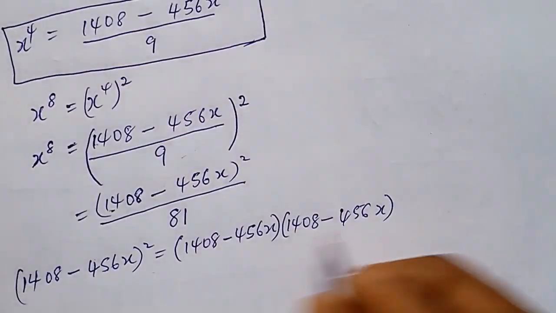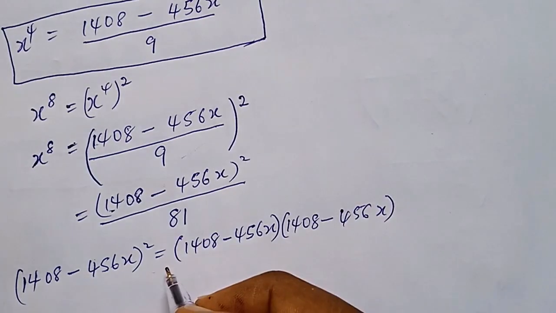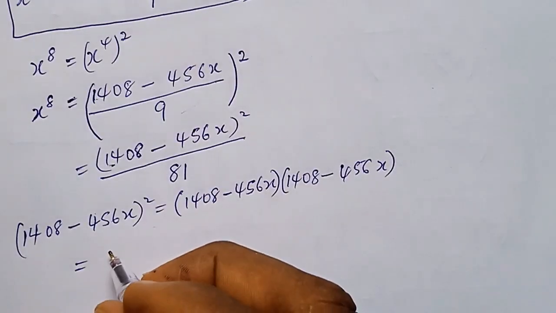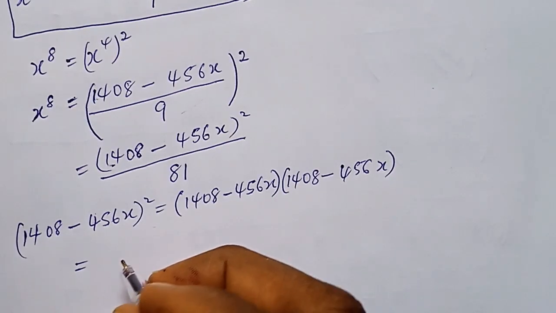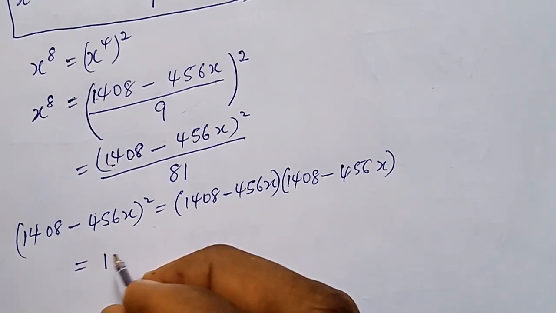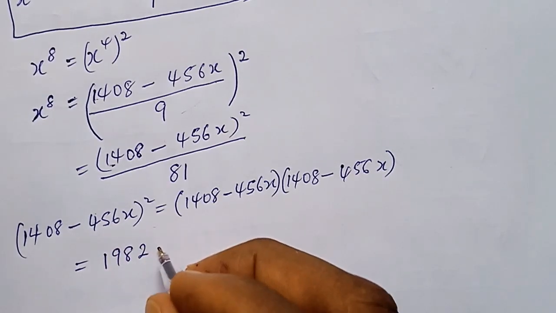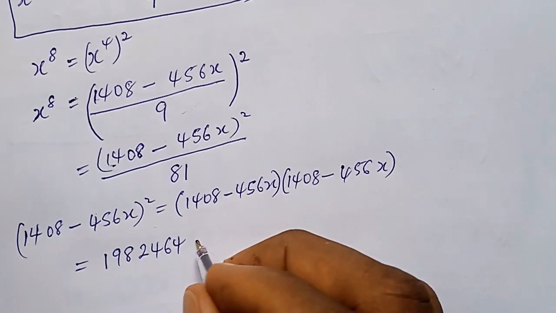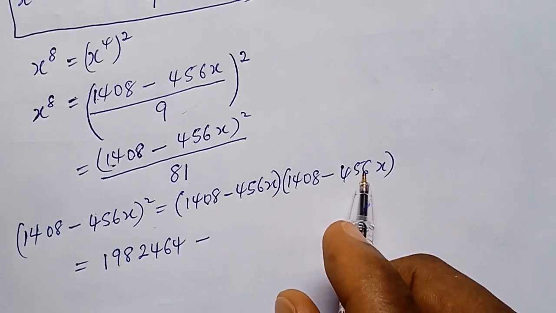Okay, we want to factorize this now. So from here our factorization will give us this multiplied by this. We have 1982464 multiplied by this, multiplied by this.